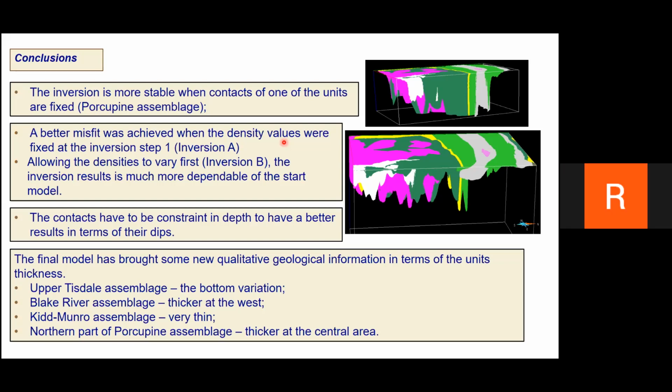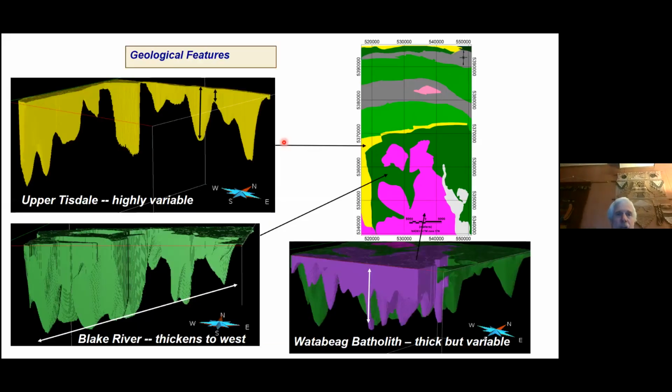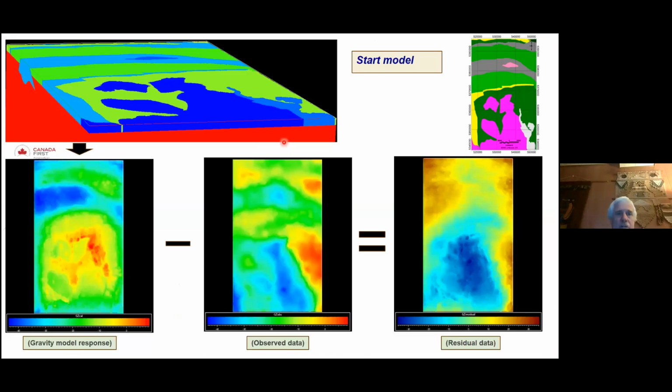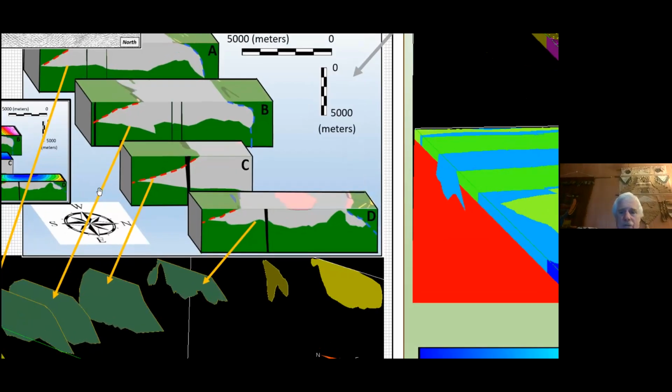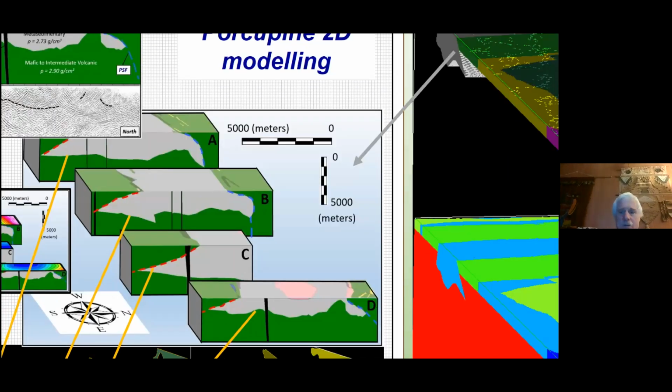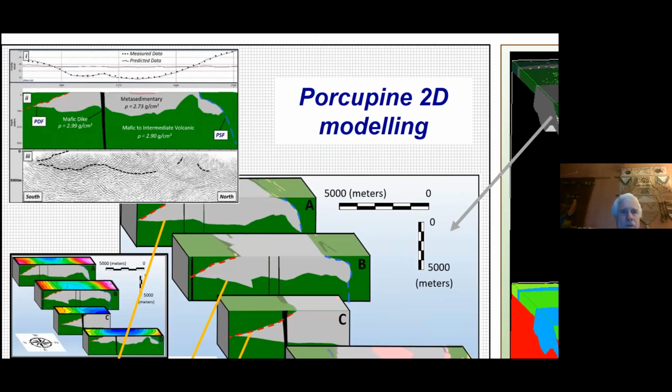Okay. There's another question in the chat. How did the inverted models compare with the seismic sections? Yeah, that's a good question. So let's just go back and look at the seismic section. Up here, you can see it doesn't have a lot in it, and it's difficult to interpret.